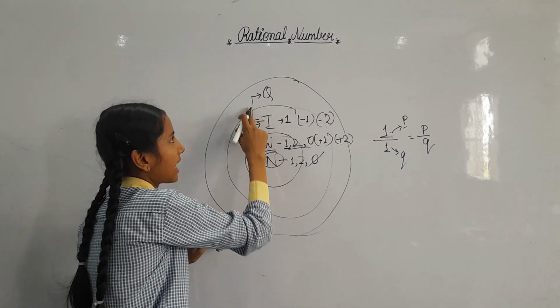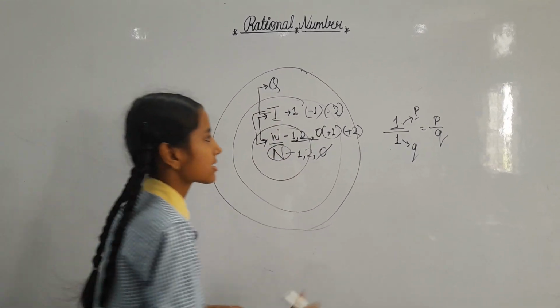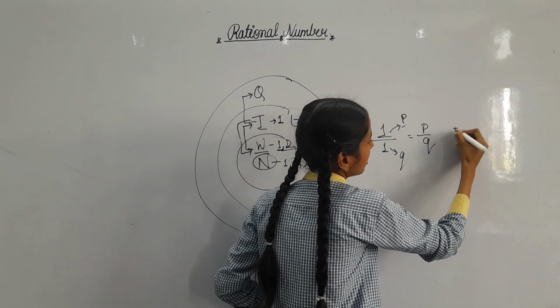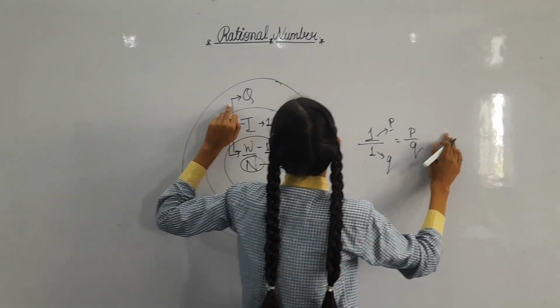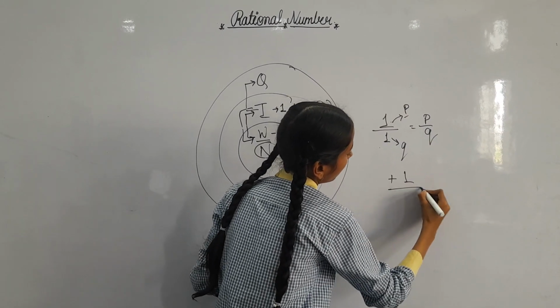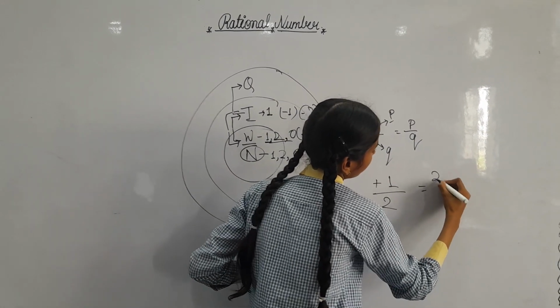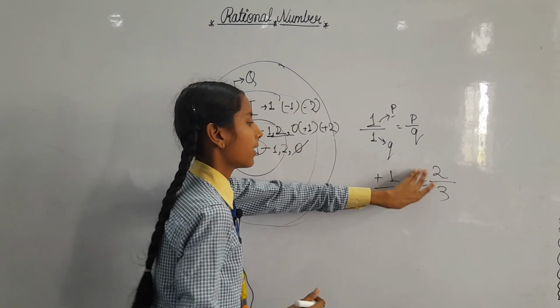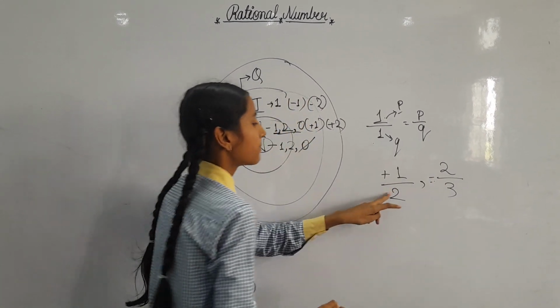But all the rational numbers are not called integers, because in rational numbers we also find 1/2 and 2/3.